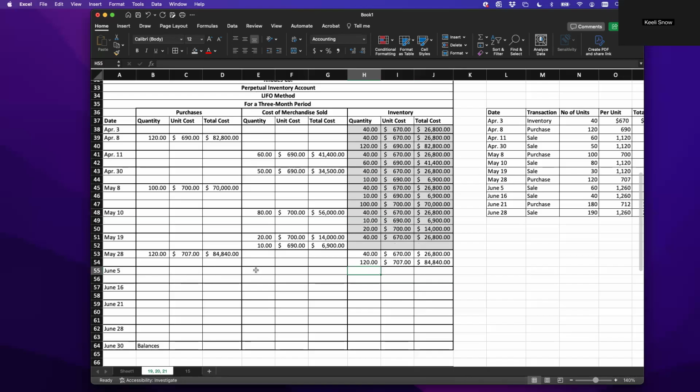June 5th, we're going to sell 60. During last in, first out, all 60 can come from the ones that cost us 707. So 60, 707, 60 times 707 is 42,420. 120 minus 60 is 60. That's 707.